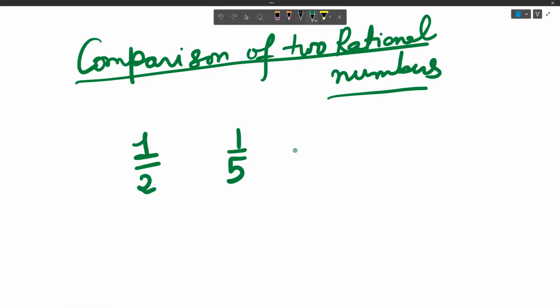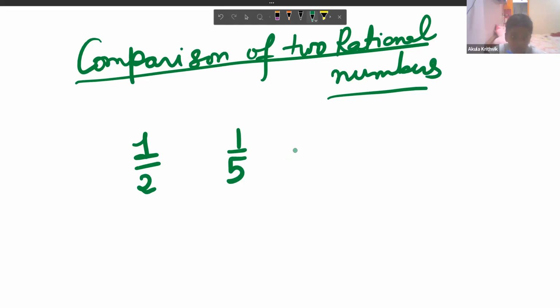Which one is greater and which one is smaller? Can you find? In fractions, I think you might have done this. How to compare two fractions? Which fraction is bigger and which one is smaller?